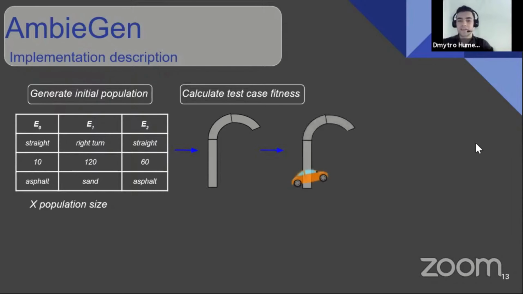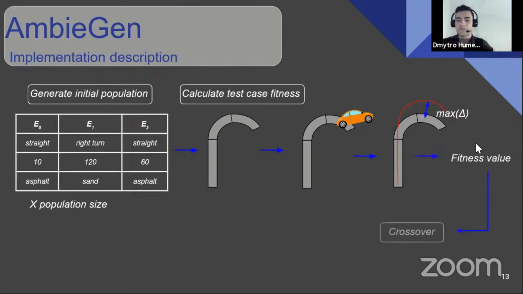Then we take a simplified model instead of a computationally expensive full model to evaluate the fitness. We then calculate the deviation from the expected behavior, which in our case will be deviation from the road lane center, and calculate the fitness value.